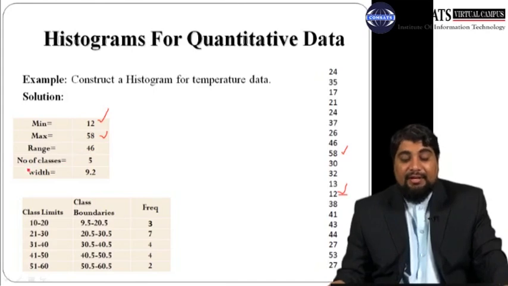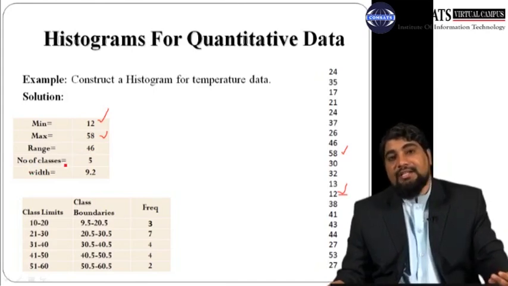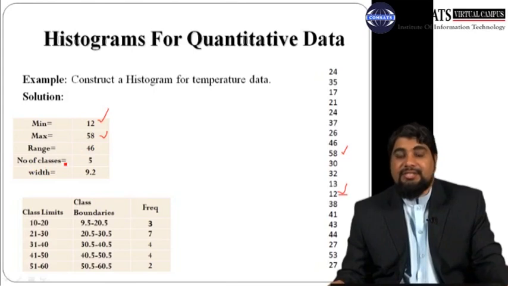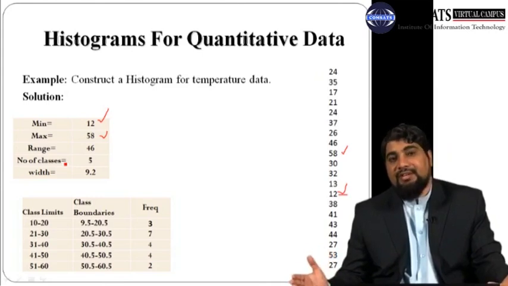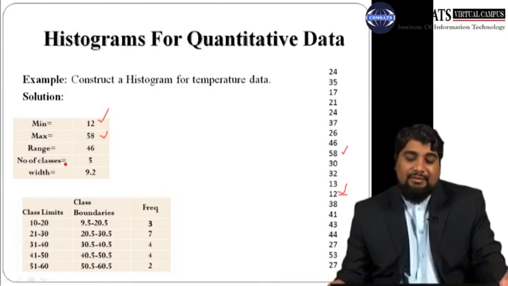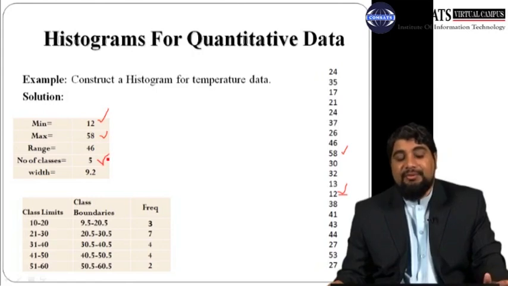And then the number of classes: how many classes you want to construct. This is up to you. Usually the number of classes should be between 5 and 15. It should not be less than 5, and it should not be greater than 15. Let us choose the number of classes as 5.